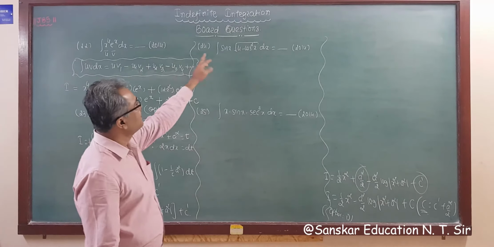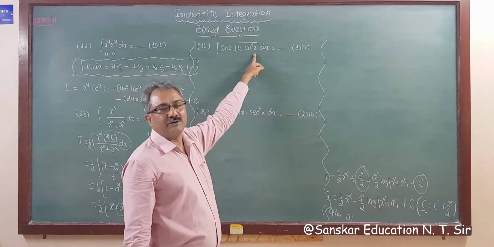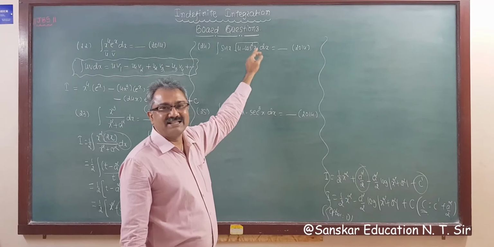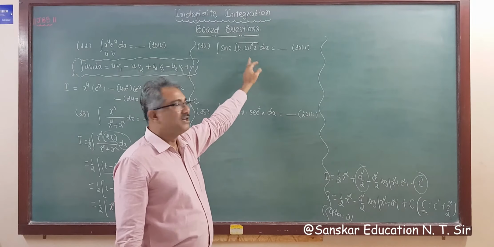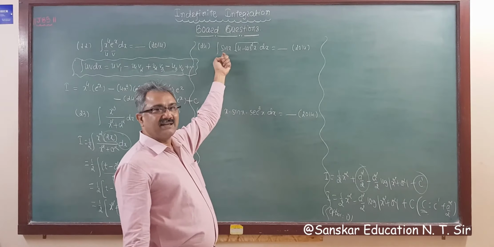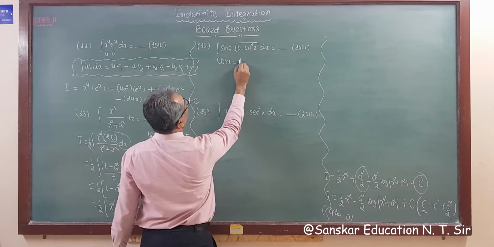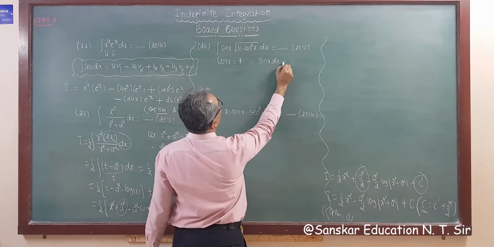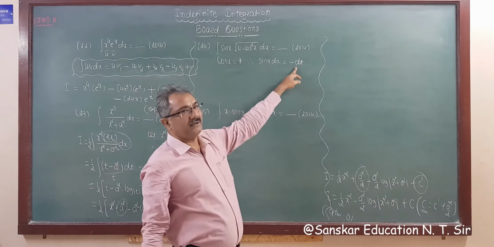Now see, sin x, 2 square minus cos square, but we don't require cos, we require only x, that is the variable, and this is not x, so we have to assume cos. So cos x is equal to t, then the derivative of cos x is sin x dx is equal to minus dt, because I am writing the minus sign here directly.